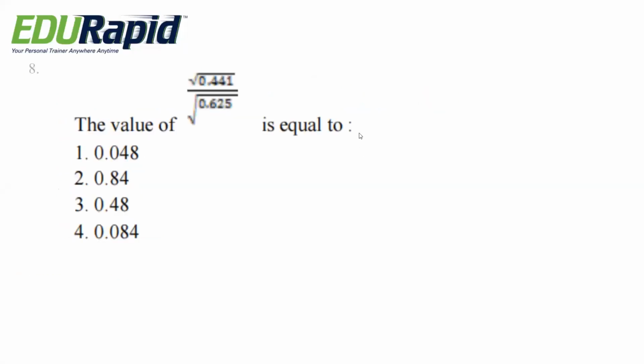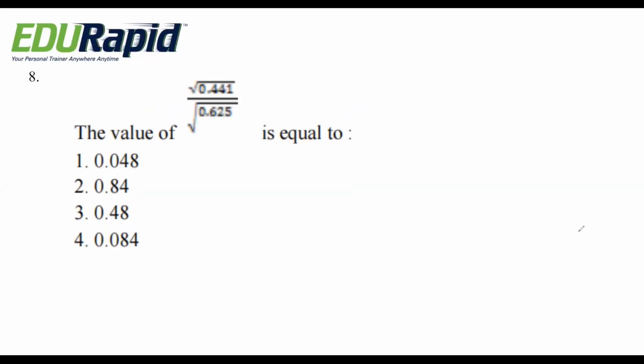Next question: the value of square root of 0.441 divided by square root of 0.625 is equal to what? Options are 0.048, 0.84, 0.48, 0.084. Here it is very simple, you just have to use some techniques. They are given in decimals.